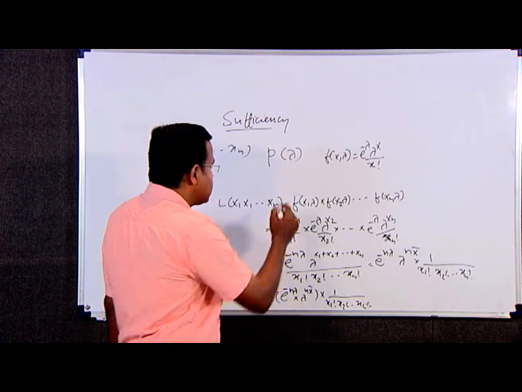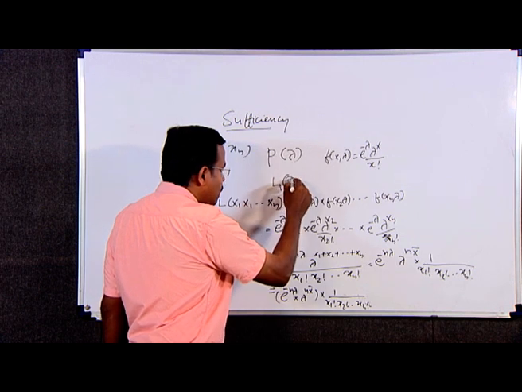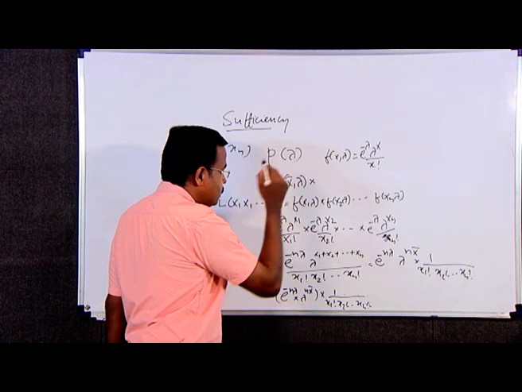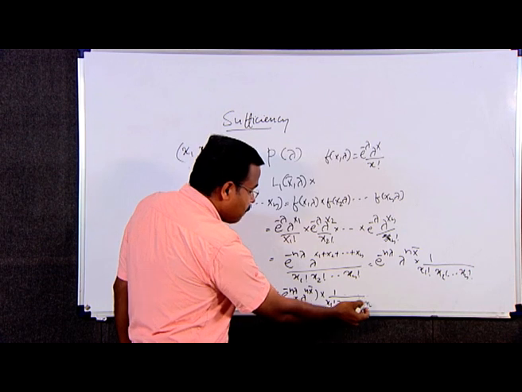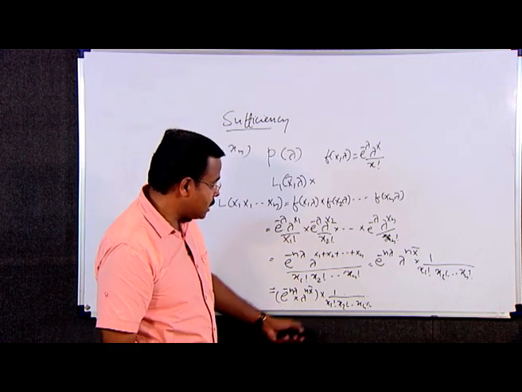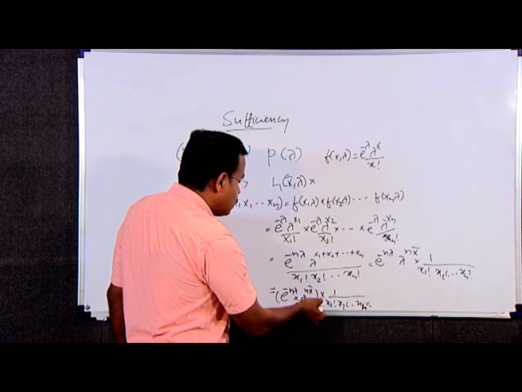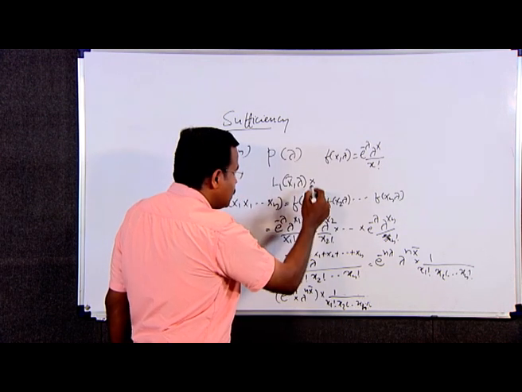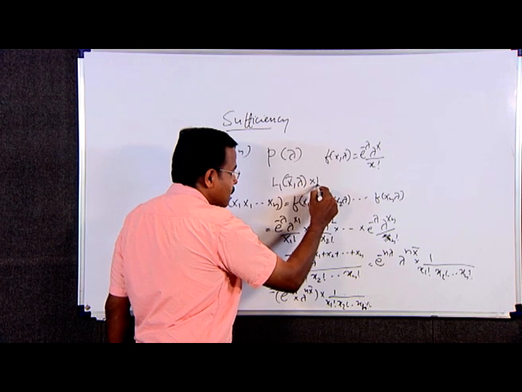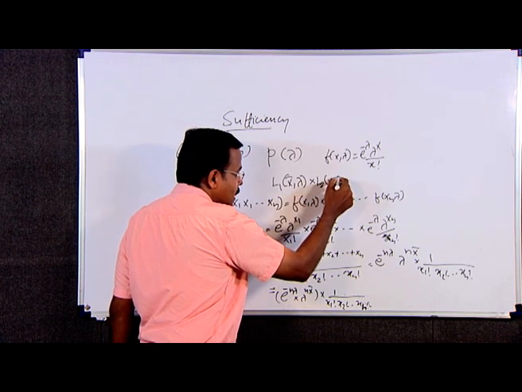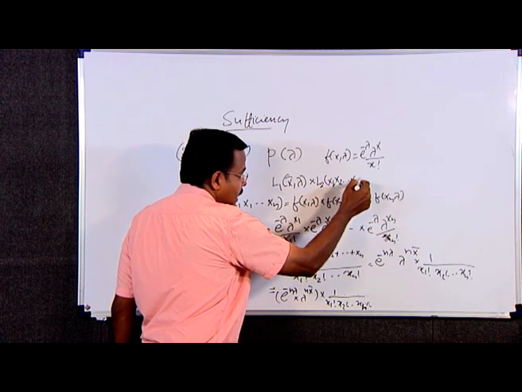We can consider it as L1 of x bar, lambda. The next is a function, that is 1 by x1 factorial, x2 factorial, etc., xn factorial. There is no parameter involved. So, that is a function of x1, x2, etc., xn alone. We can write it as L2 of x1, x2, etc., xn.